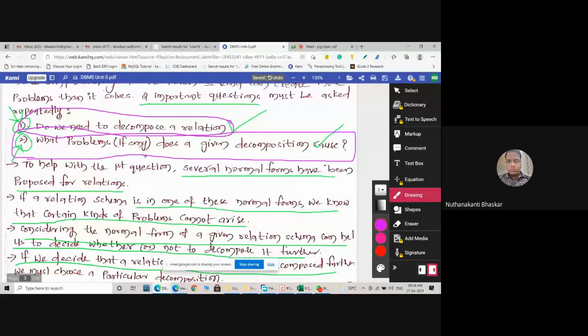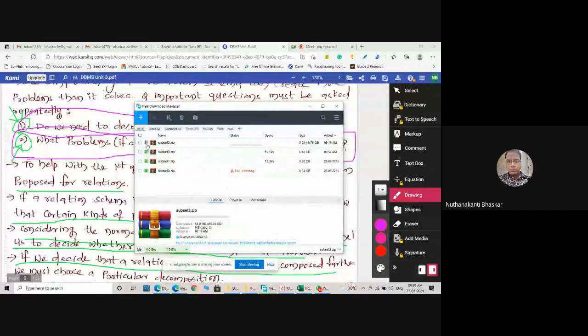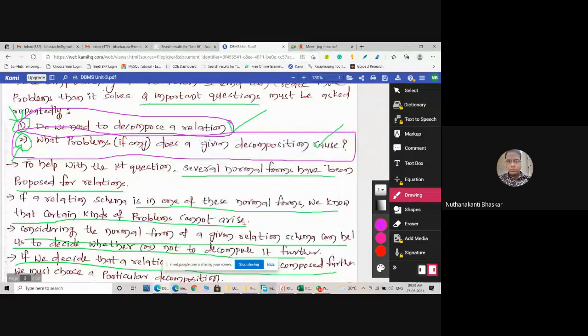Okay, done. But after decomposition, you need to ask yourself one more question: what problems does a given decomposition cause? After decomposition, is there any problem with these tables that you need to identify? You must identify it. What problems will come after the decomposition?